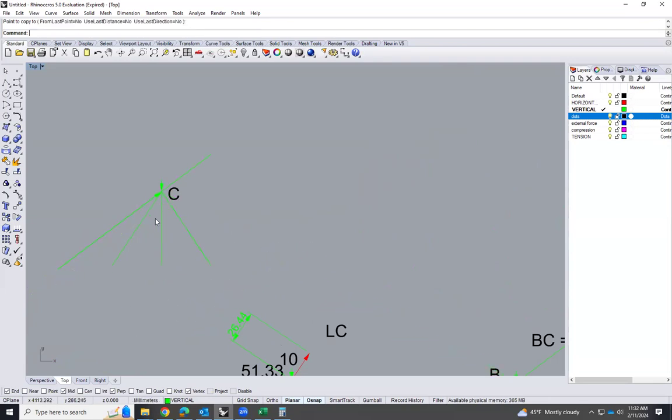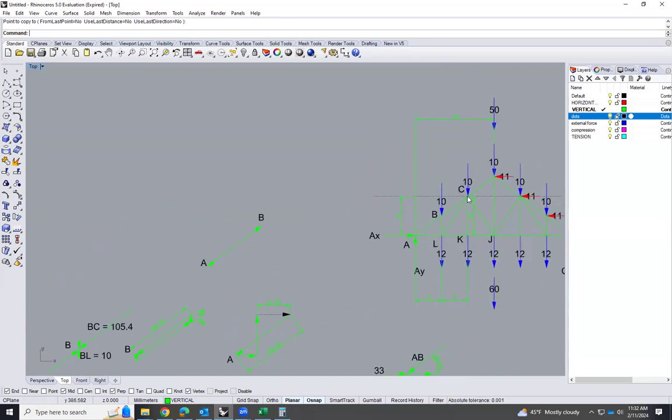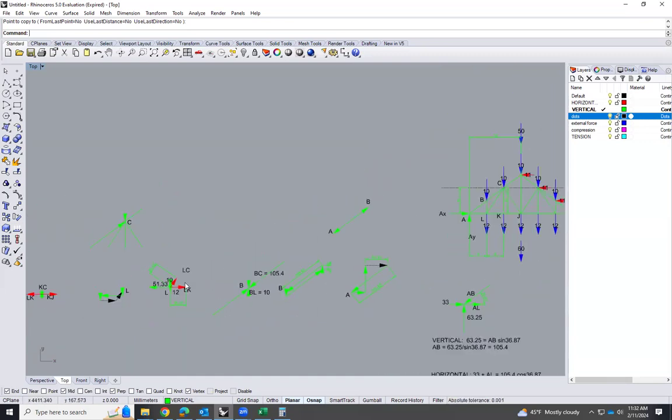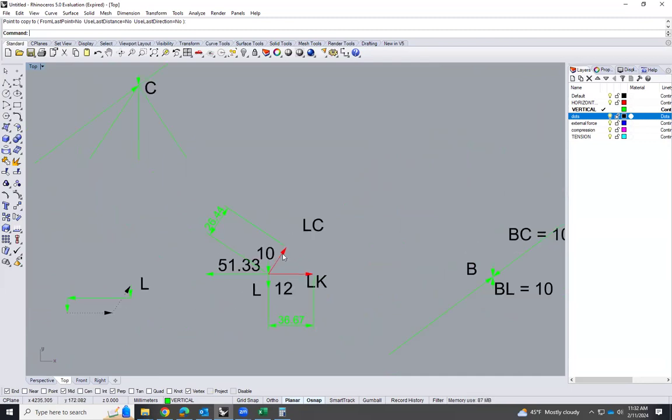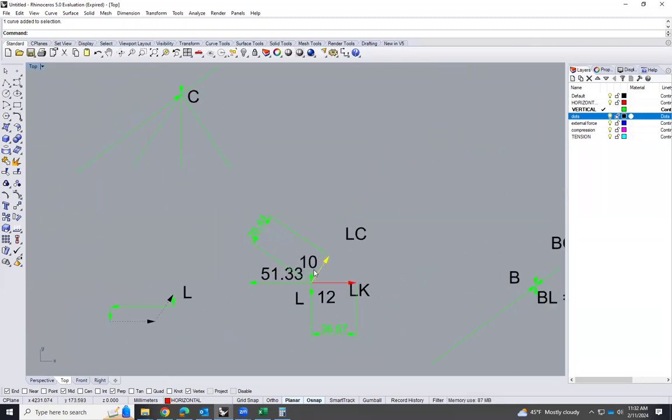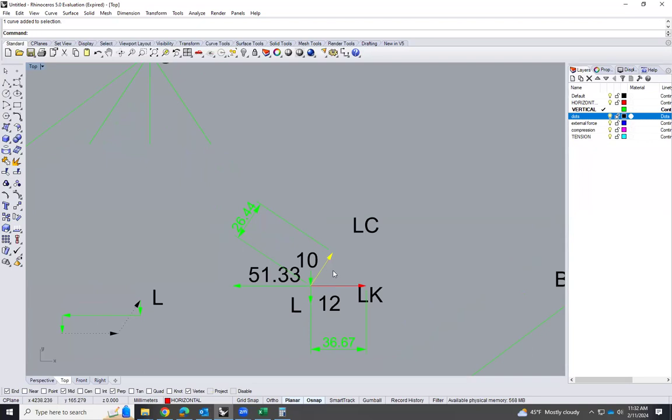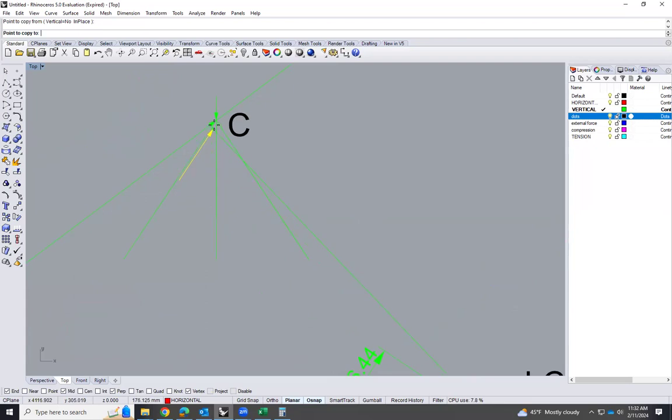Then we have LC. If LC goes this way at point L, at point C, it has to go in the other direction.